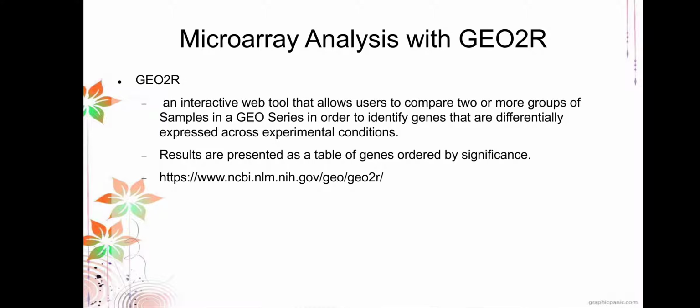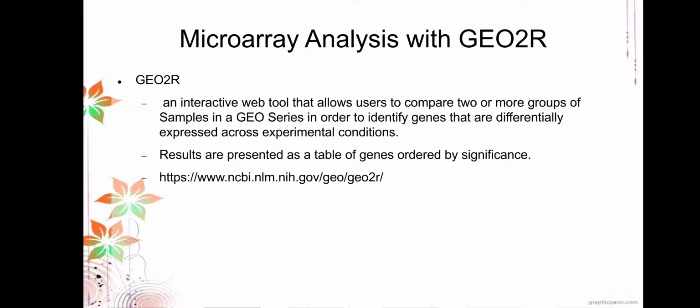So basically, they put it in the repository so that other scientists can also refer to that data, and it might also help in their research. So GEO2R is basically a tool to help other researchers, or even the researcher himself who made that data, to analyze these microarray data that have been submitted.